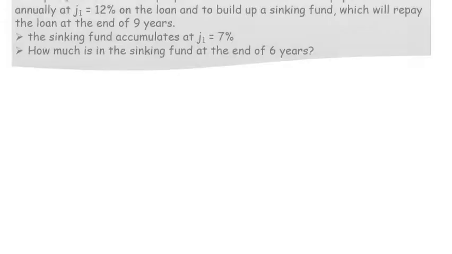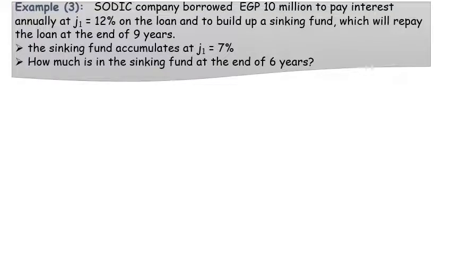In this example, we have a company called Sodic that borrowed 10 million Egyptian pounds to pay interest annually at 12% and built up a sinking fund to repay the loan at the end of 9 years. So we have the value of the loan of 10 million Egyptian pounds, the interest rate on this loan is 12%, and the term of the loan is 9 years.